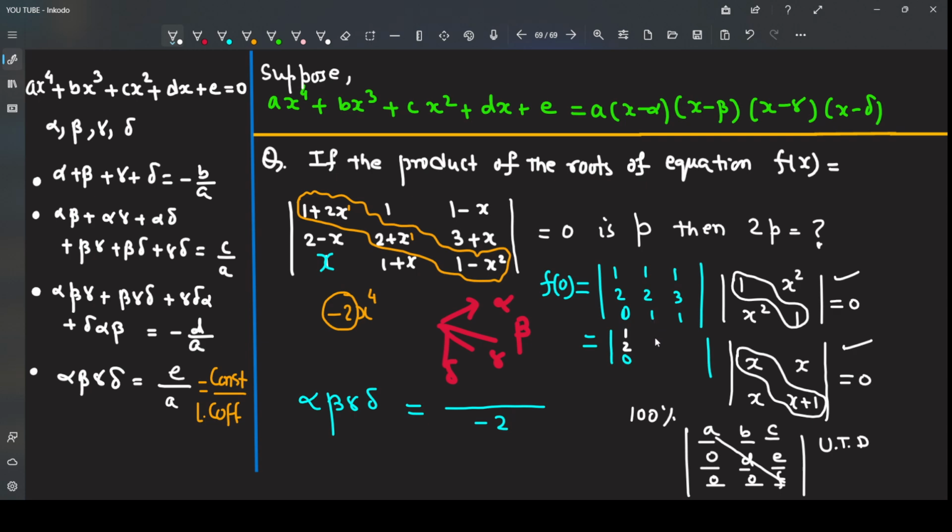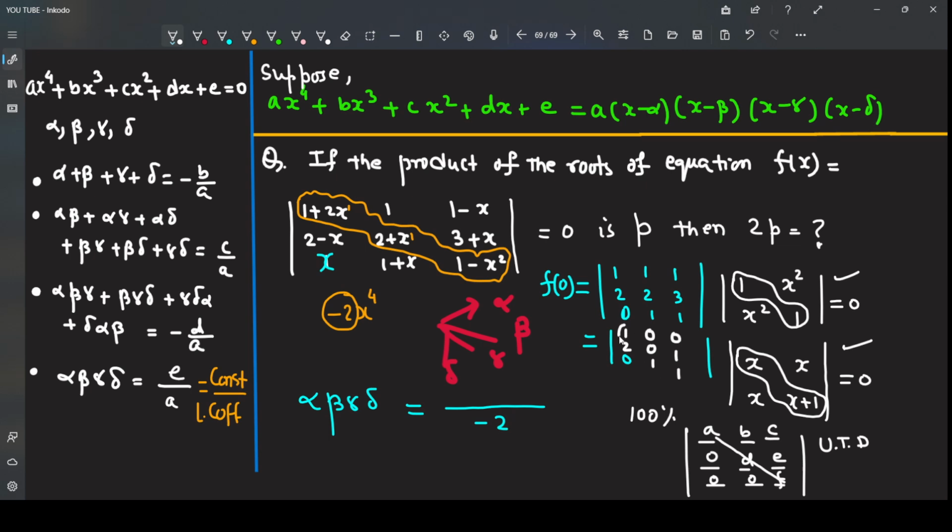Okay, you can also do column 2 minus column 3, and you will get 0 here. Doing the subtraction from column 2, column 1, you will get 0 here, then 0 here, and then 1 here. And then again, if you do column 3 minus column 1, then 0, then 1, and then again 1.